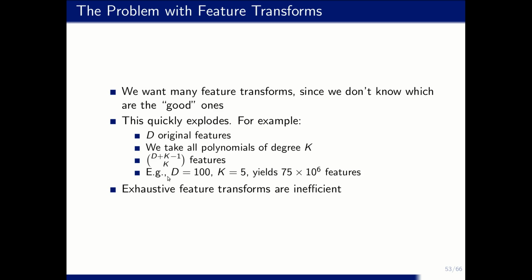For example, if our original feature space is 100 and we take polynomials up to degree 5, so all of them, then we get 75 million features. And this is pretty tough even on hardware nowadays. So just adding features greedily works in principle, but our learning problem becomes computationally harder and more inefficient.